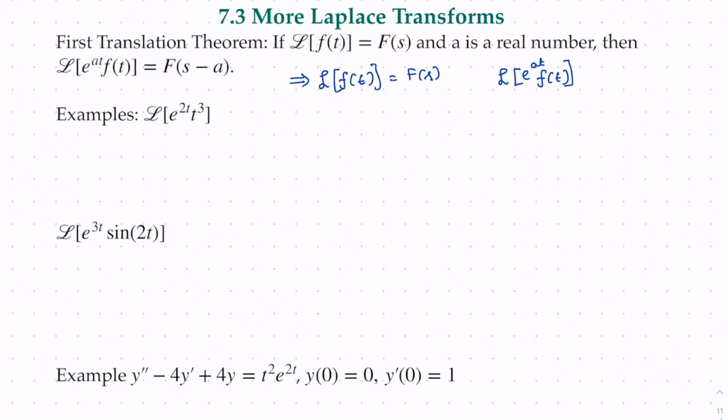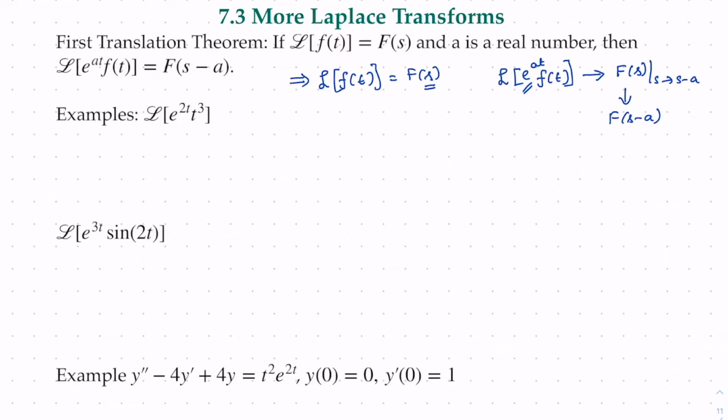Then all you're going to do is replace this s by s minus a. So you're going to do this first: find the F of s, and then replace the s by s minus a, so you're going to have F of s minus a. I'll show you in a minute in an example what I mean by that.